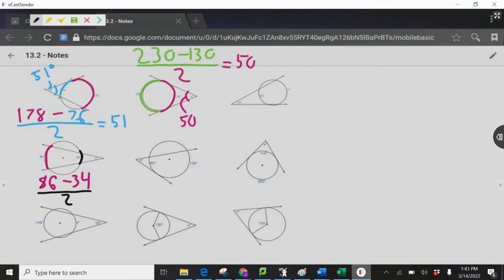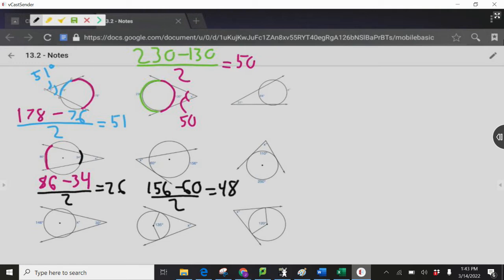And then 52 cut in half, oops, wrong button, is going to give me 26. And on that second one, 156 is my large minus my small of 60, divided by 2 again. And that's going to give me 96 when I subtract, divided by 2 will give me 48.